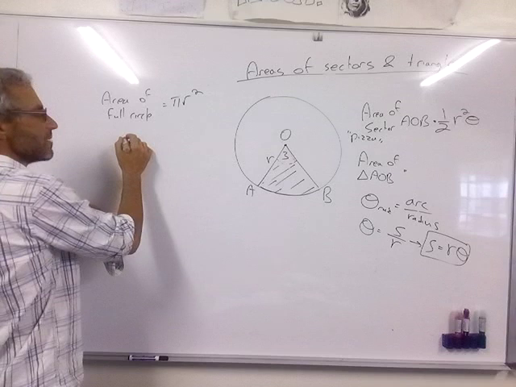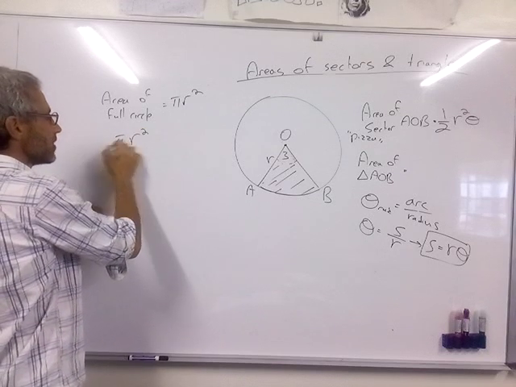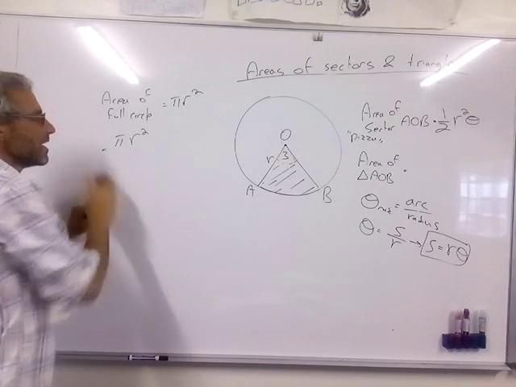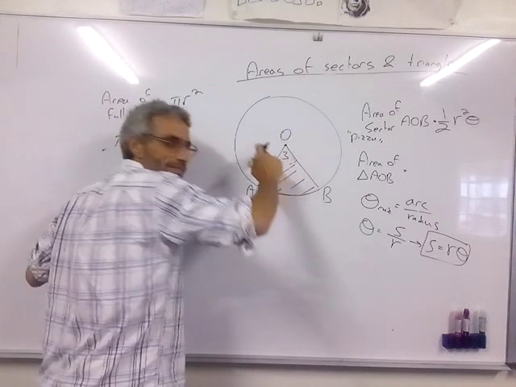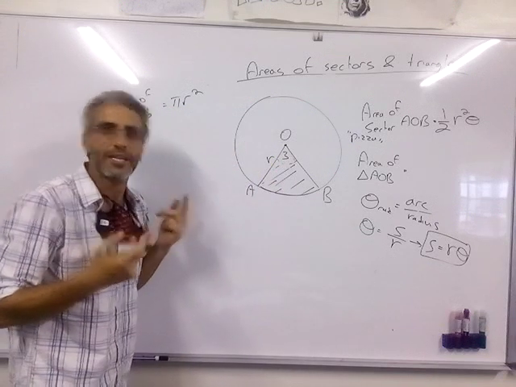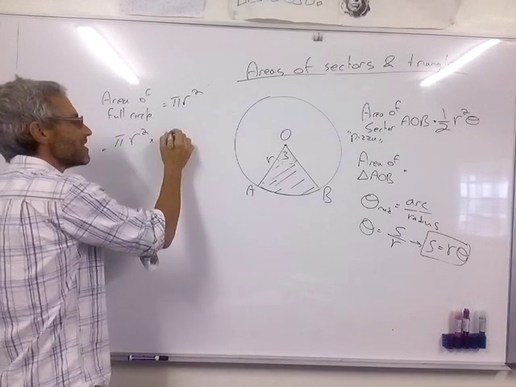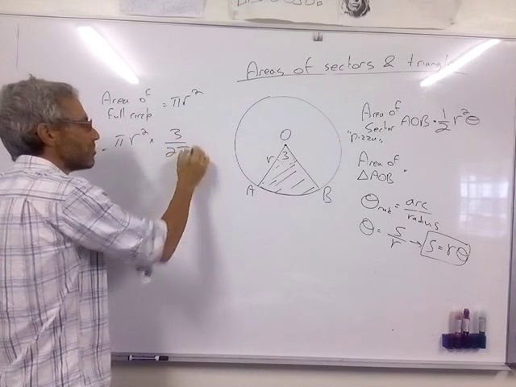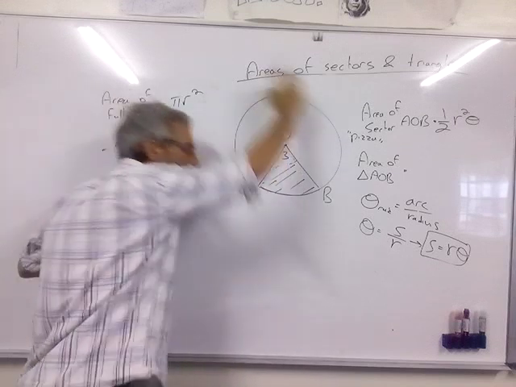Well, let's think about it. Full circle will be pi r squared. Now, if the angle was 2 pi, that's a full circle, it will be pi r squared. But the angle is not 2 pi, it's 3. So what I'm going to have is 3 over 2 pi, which is the fraction of the circle.